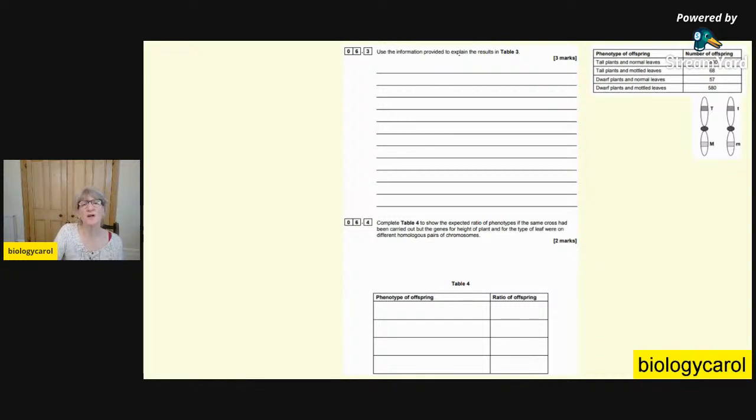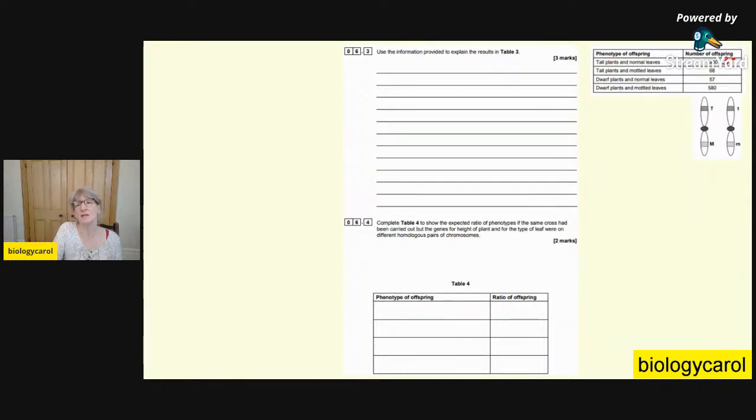Use the information provided to explain the results in table 3. Well, they have told you the numbers for what I would call the double dominant phenotype and the double recessive phenotype.